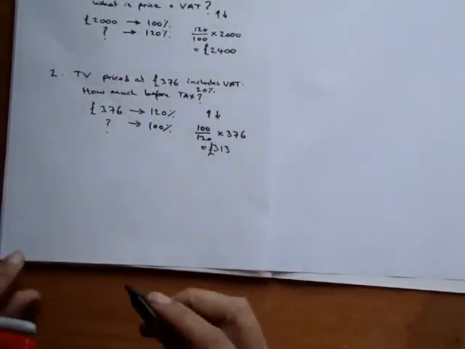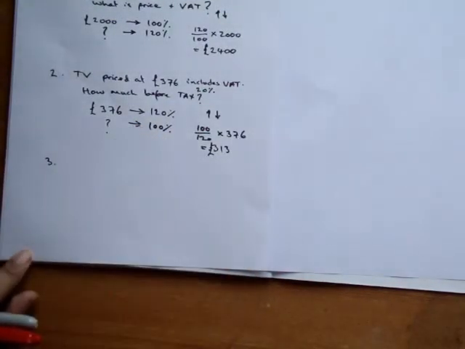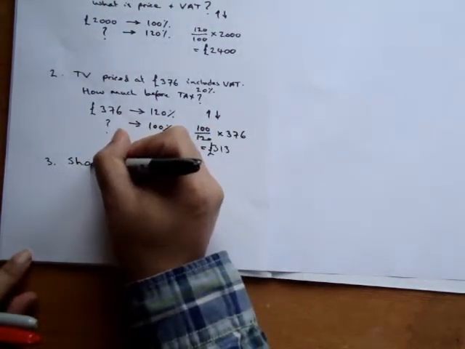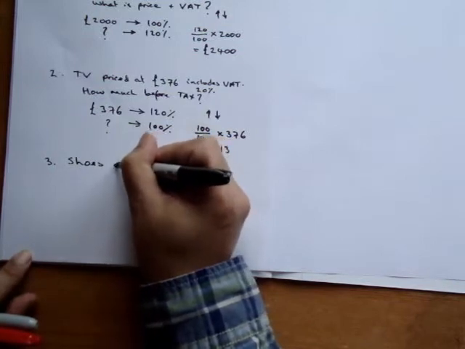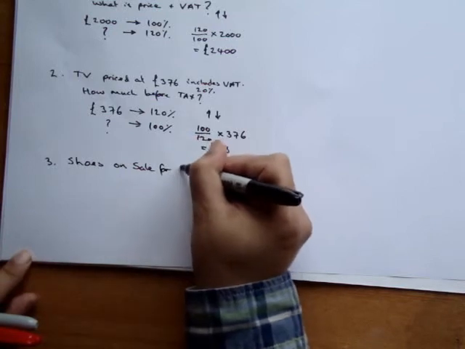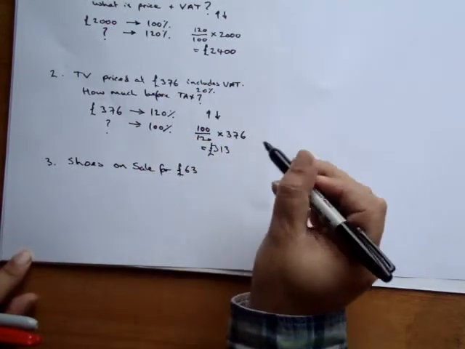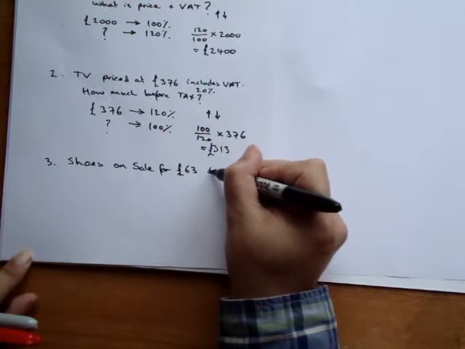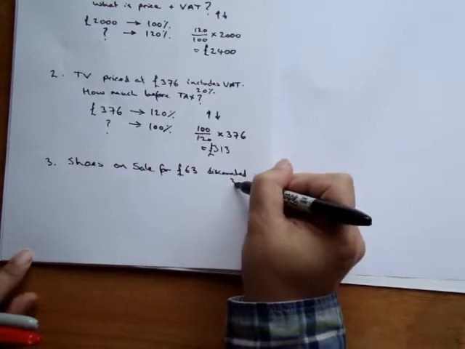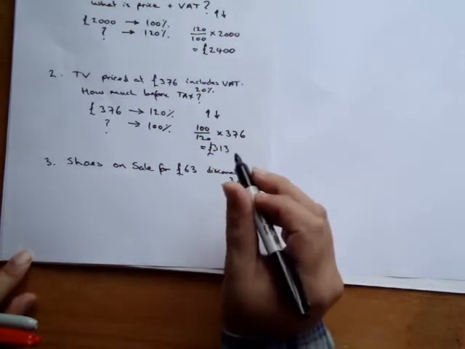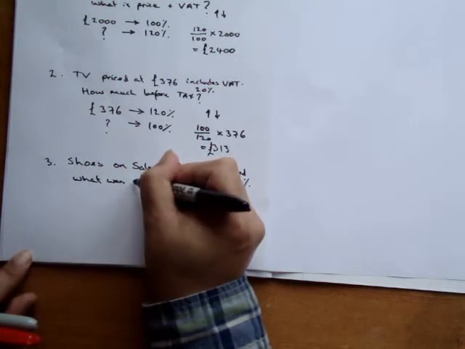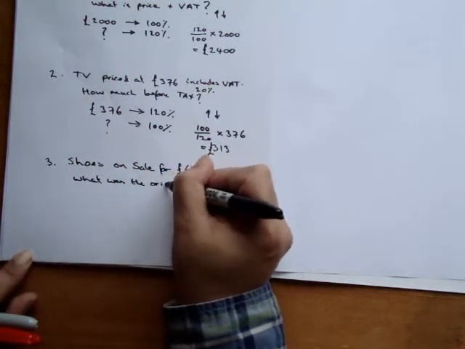Okay, let's have a look at another example. Number 3. We have shoes on sale for £63, and they're discounted. This is the discounted price, 30%. So what was the original price?